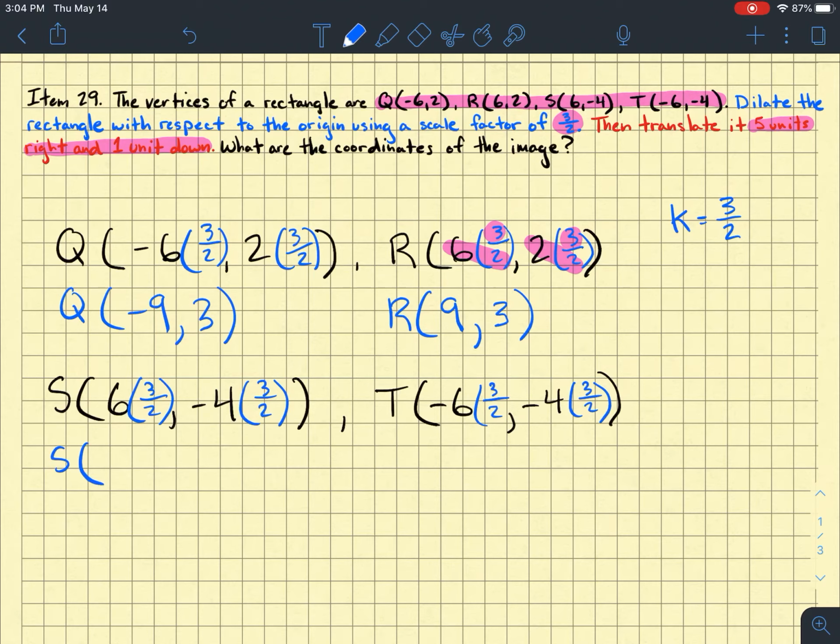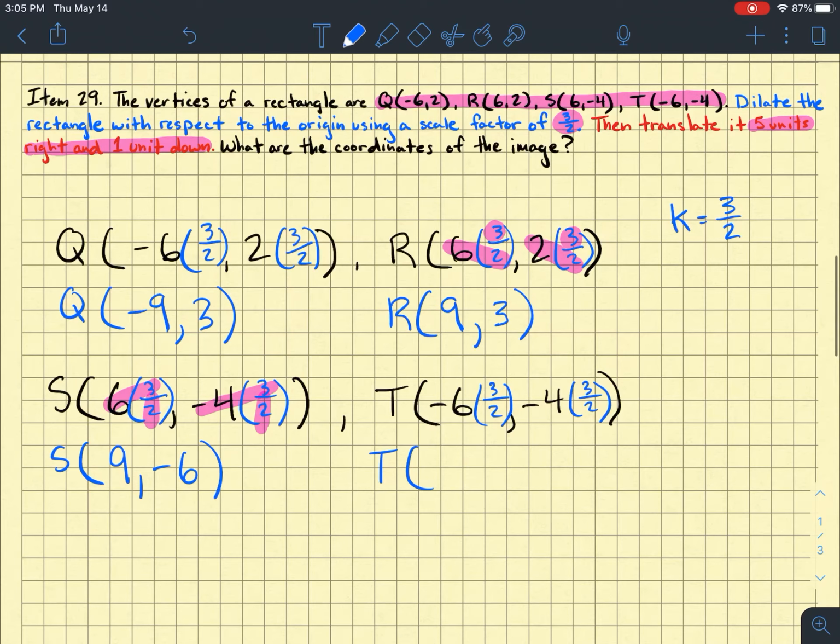S. 6 times 3 is 18, divided by 2 is 9. -4 times 3 is -12. -12 divided by 2 is -6.